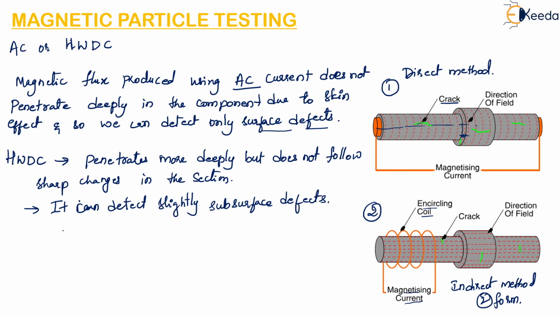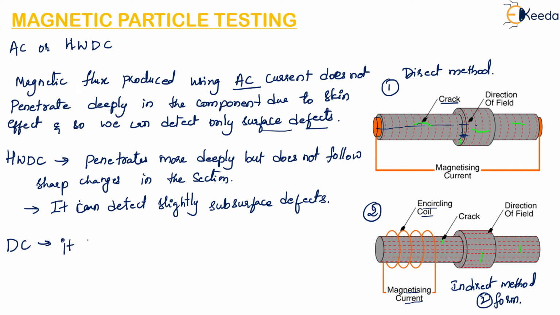So why do we not use direct current only? Why are half wave rectified DC and AC current being used? No doubt DC current will penetrate more deeply, but it does not have one facility. What is that facility? Demagnetizing of the material after DC magnetizing is much more difficult than with AC magnetizing.